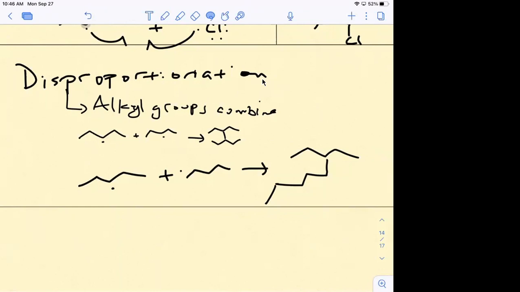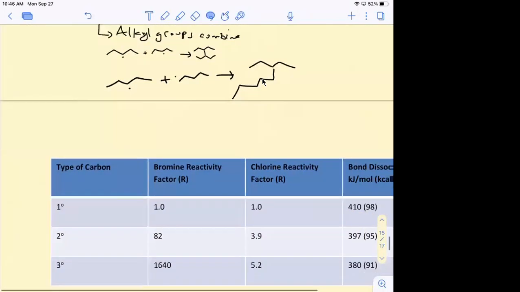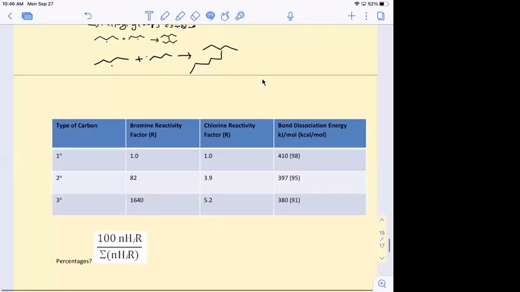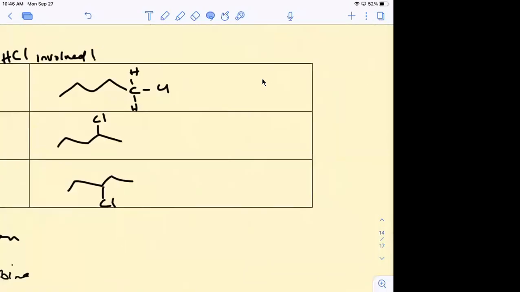So we're not going to get a chance to get into the product distribution, but I will say this: the secondary versus the primary products are not going to be formed in the same amount. So this is secondary, that's secondary.